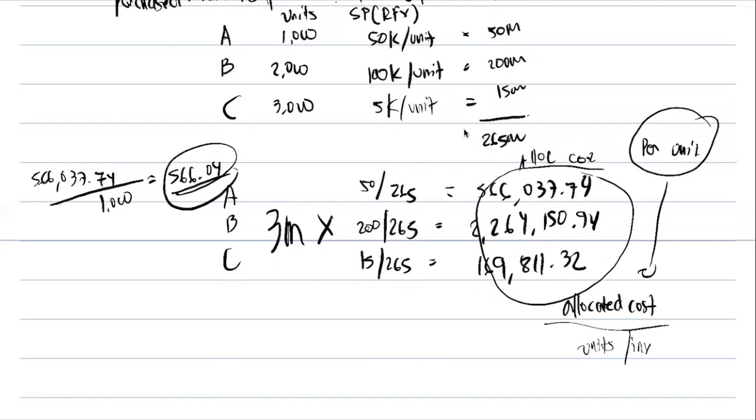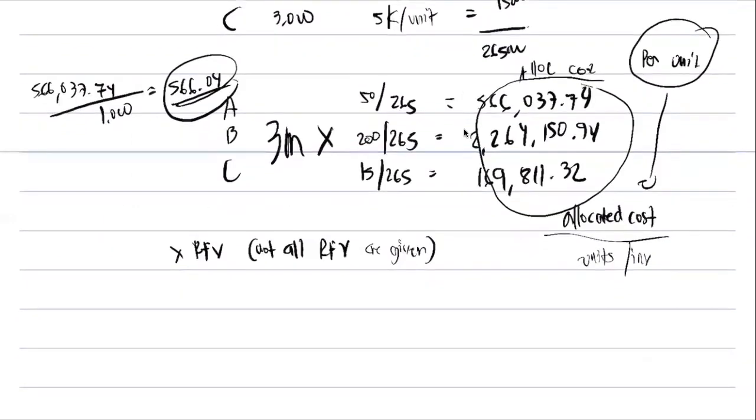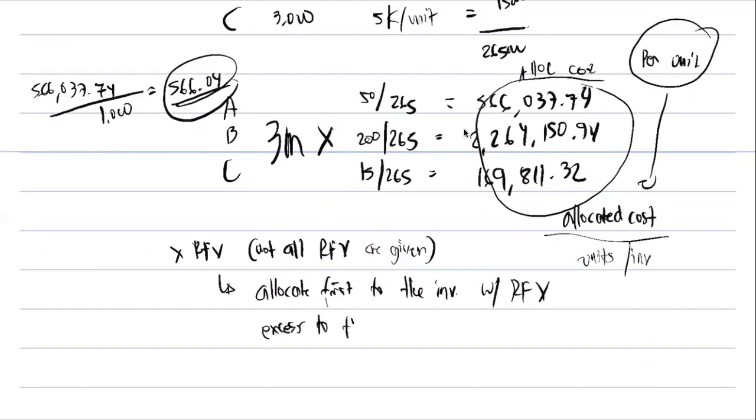Okay, sir, question. What if there is no relative fair value or not all relative fair values are given? So if not all relative fair values are given, you allocate first to the inventories with relative fair value. Excess to the inventory without relative fair value.